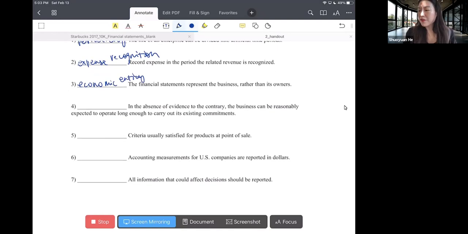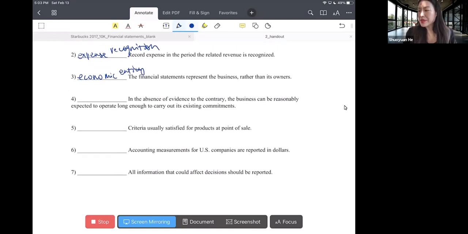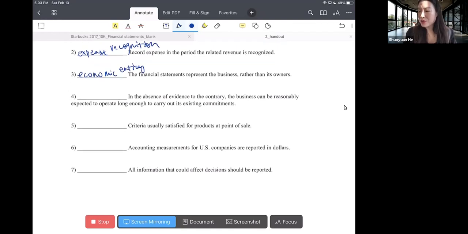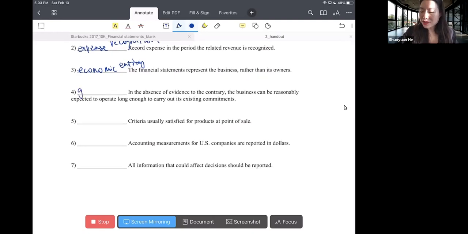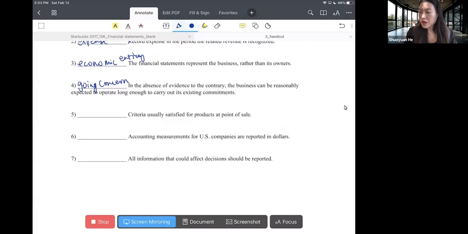In the absence of evidence to the contrary, the business can be reasonably expected to operate long enough to carry out its existing commitment. What is that? Going concern. Criteria usually satisfied for products at point of sale.